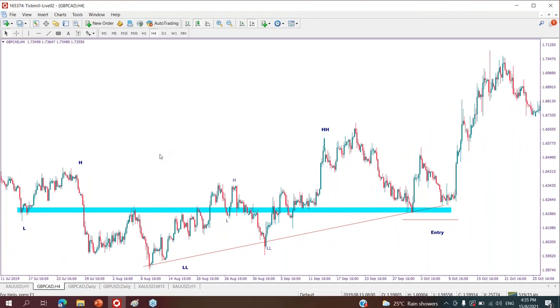That's it. Don't worry about the trend line. Trend line is just a confluence. There's nothing more about it. How about MM? Don't ask about MM to me because I'm not good with MM, guys.